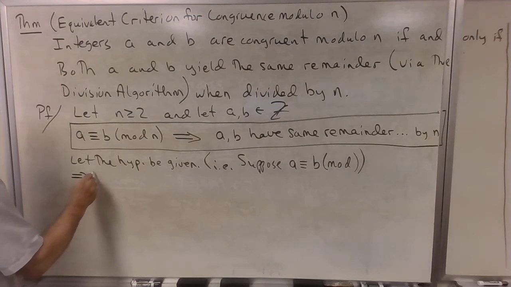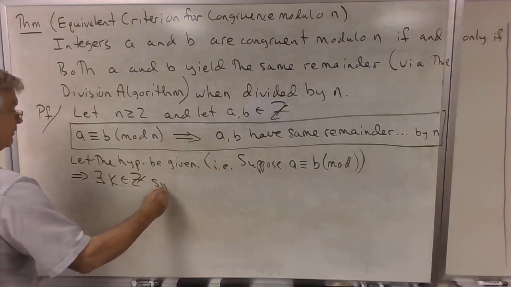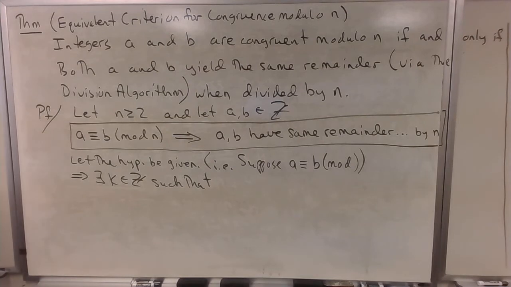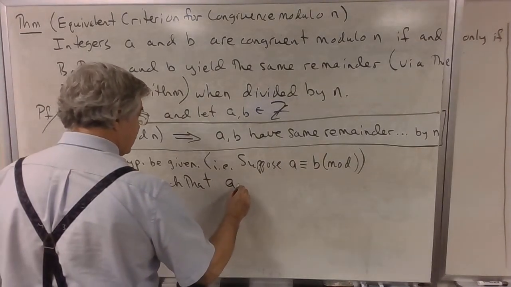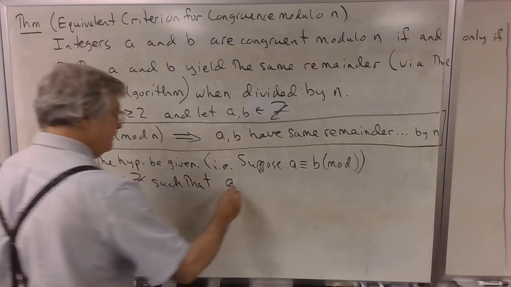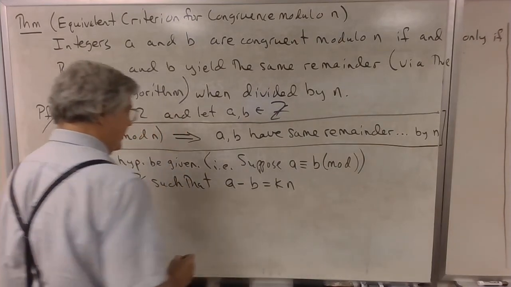This implies that there exists an integer k such that a minus b equals kn.